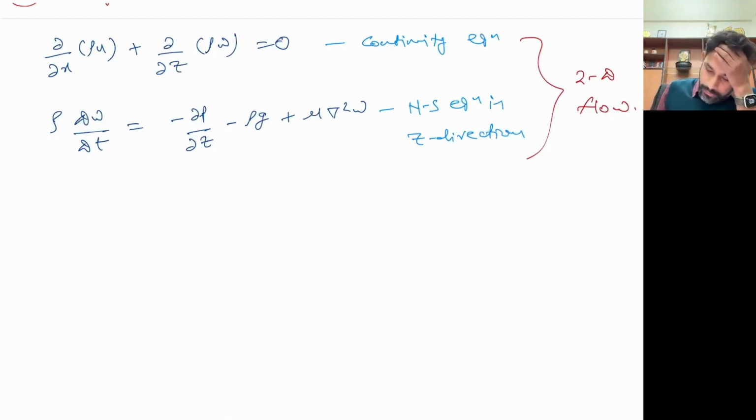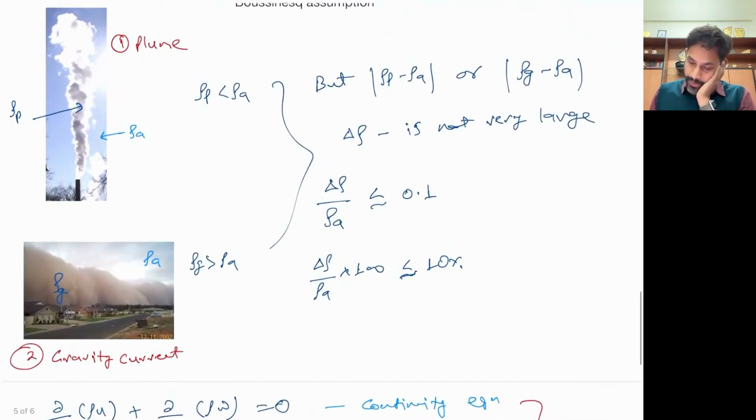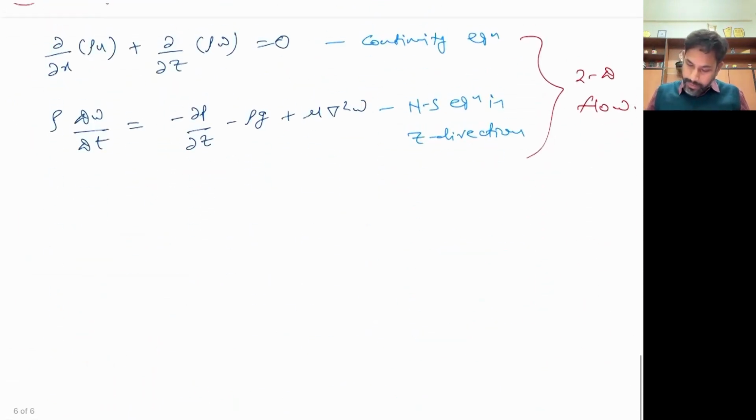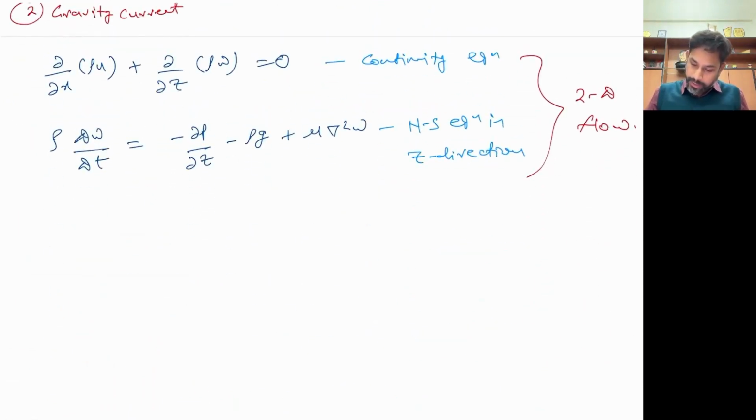So what happens when the density difference is very small? Alright, we can assume that rho p and rho g are equivalent to rho a when we are considering the effects of density at other places except when it is multiplied with g. Okay, so in this case, this equation, particularly in second equation, we see there is rho here, there is rho here, and also there is mu, where mu is a property that depends on the density. It depends on the temperature, but indirectly depends on the density.